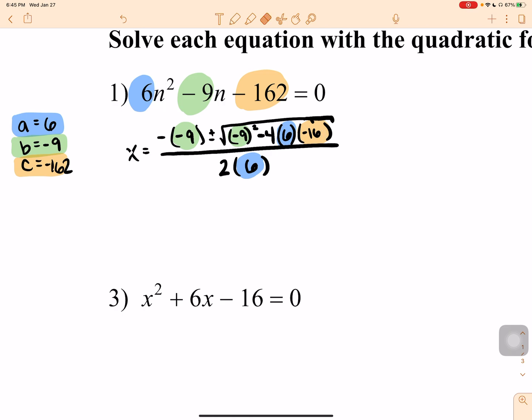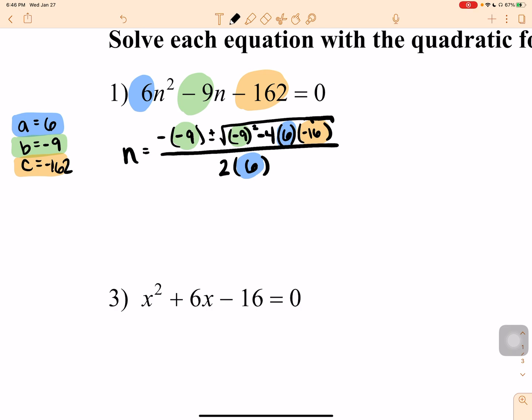Technically then, this would be that n equals this whole formula, but we're solving for the x-intercept. So I think a lot of you just naturally write x, and that's totally fine, as long as you understand that in this function, n is representing what x normally does. So we'll leave it as n just because that's the variable that's being used in this problem.